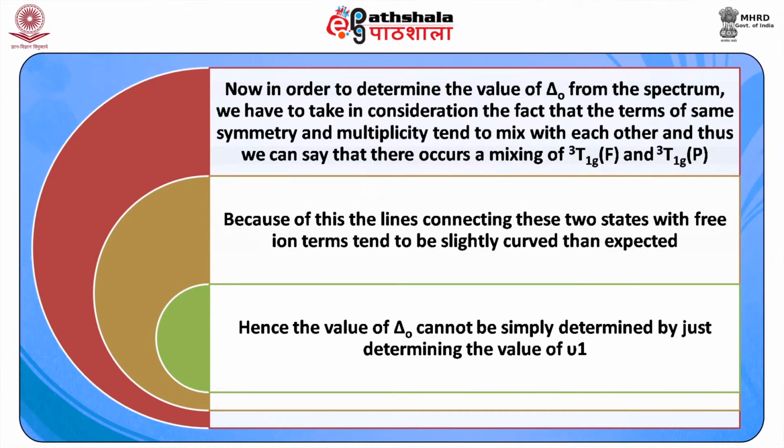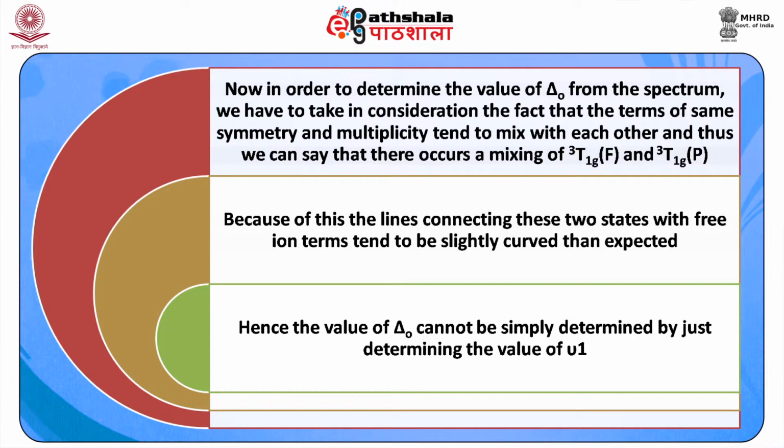Now, in order to determine the value of delta naught from the spectrum given, we have to take into consideration the fact that terms of the same symmetry and multiplicity tend to mix with each other, and thus we can say that there occurs a mixing of triplet T1g(F) and triplet T1g(P). Because of this, the lines connecting these two states with the free ion terms tend to be slightly more curved than expected.